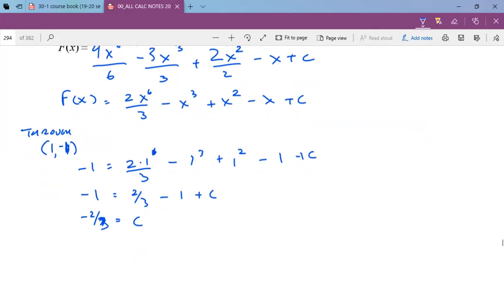I suppose I didn't need a full extra step for that. That's okay. Therefore, capital F of x is equal to 2/3 x to the 6 minus x cubed plus x squared minus x minus 2/3.